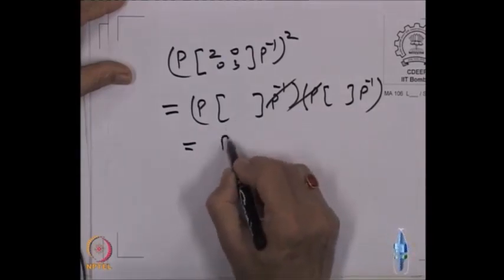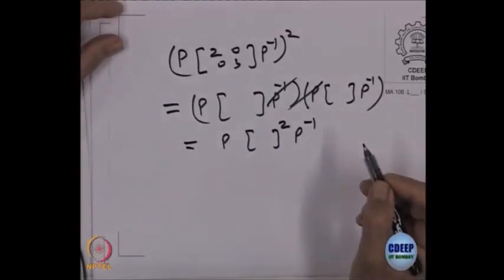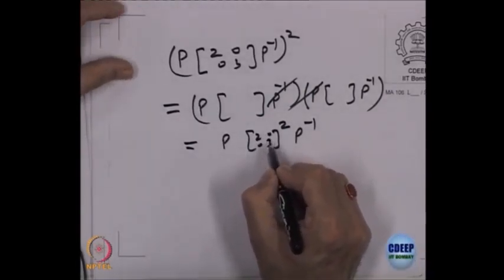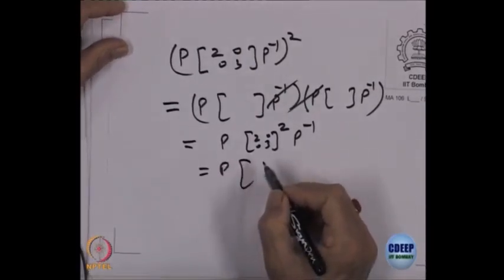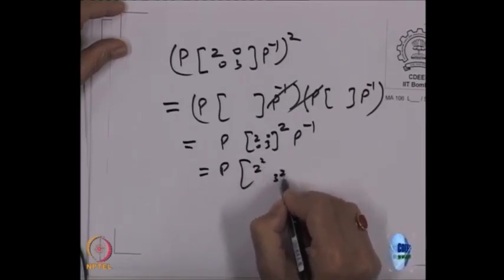So, what I get is P, this square, P inverse. This is 2, 0, 0, 3. What is the square of this? It is 2 squared, 3 squared, 0, 0.